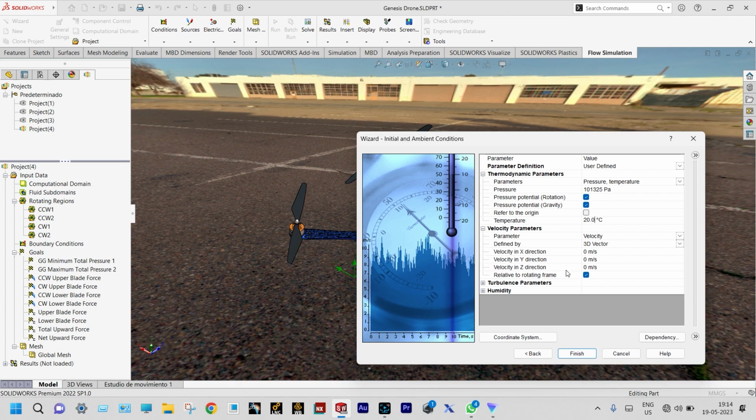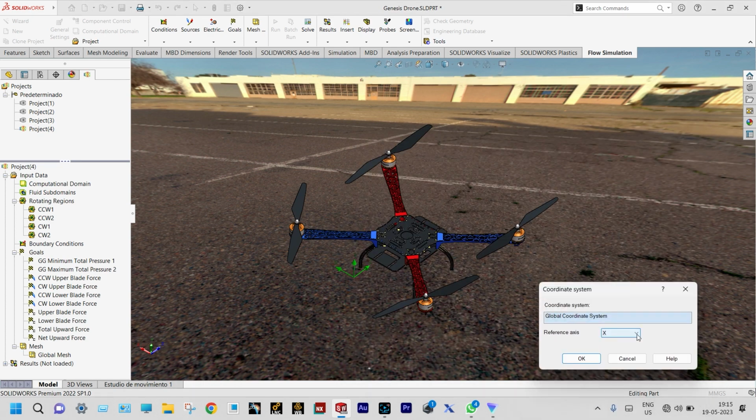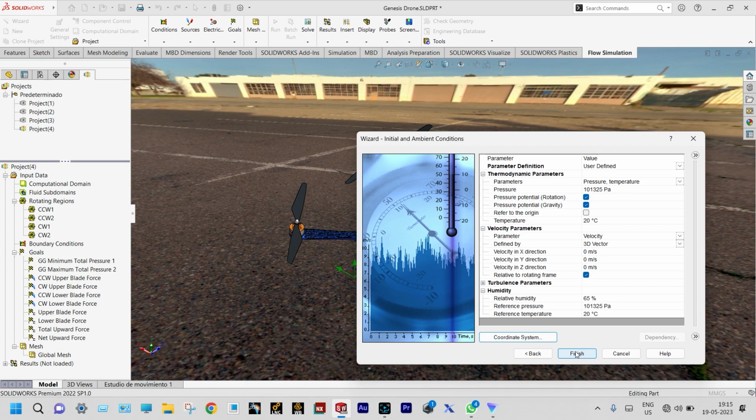If we require, we can consider velocity in any direction of either x or z, but in our case we are not considering velocity of air. From humidity, as I told before, it will be relative humidity of 65% and temperature 20 degrees centigrade. Also we need to consider the coordinate system, as the drone will be moving in the upward direction, so the coordinate system will be along y direction. So let us finish this one.